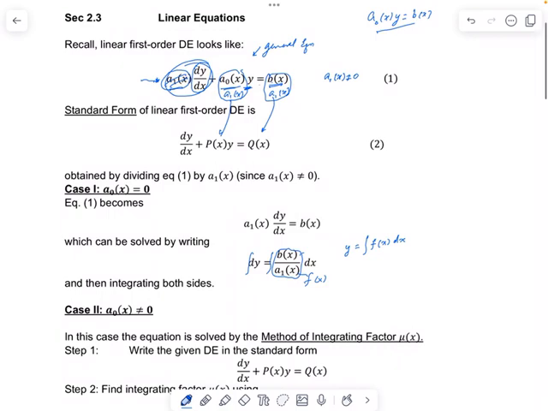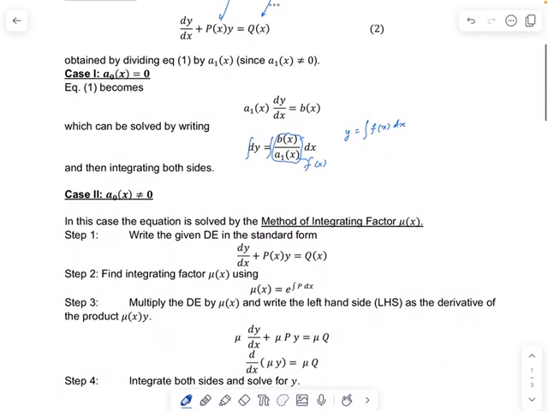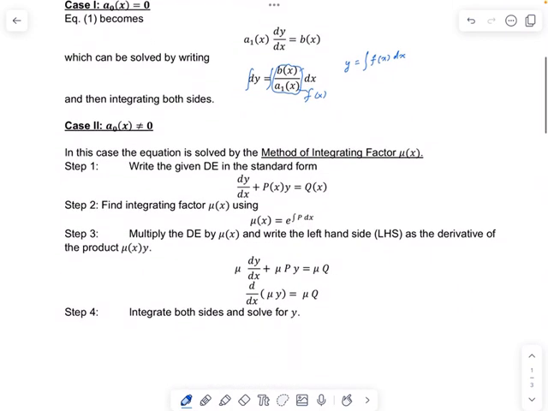The second case is when a sub 0 of x is not 0. Then we start with this step, where we first convert the equation into standard form. We write our equation like this. We divide by whatever is in front here, whether it is a number or a function of x, but it should not be 0.